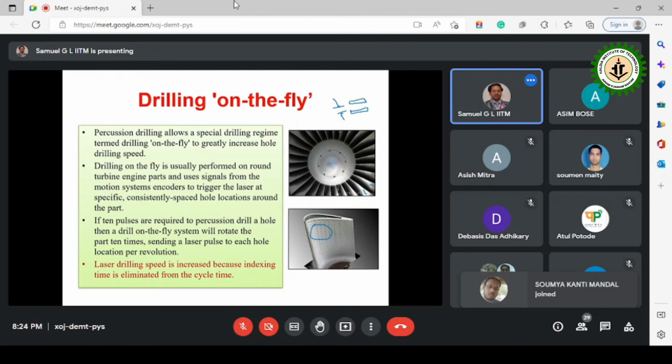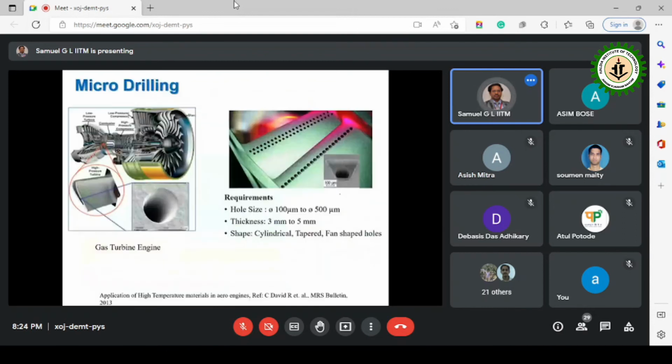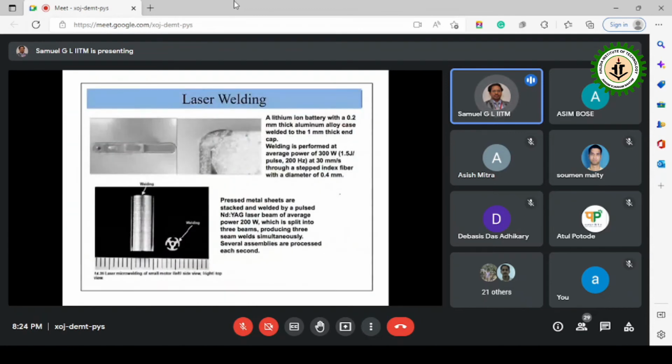For example, if 10 femtoseconds is the pulse width, then a gap of 50 or 100 femtoseconds will be given. So we can utilize even the time gap between the pulses. I think I have already explained this. By using this kind of phenomenon, we can even drill the holes.